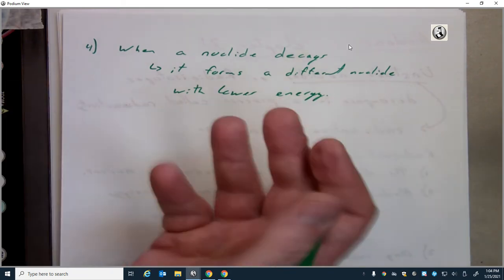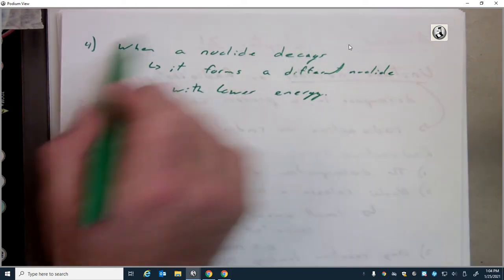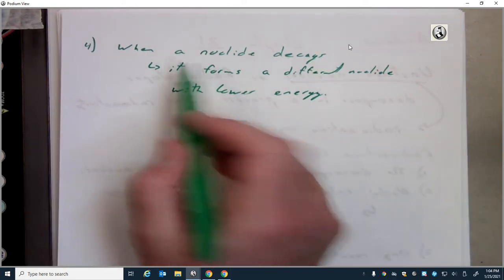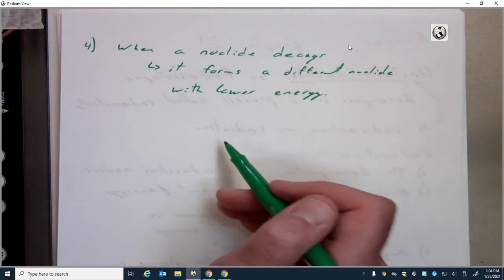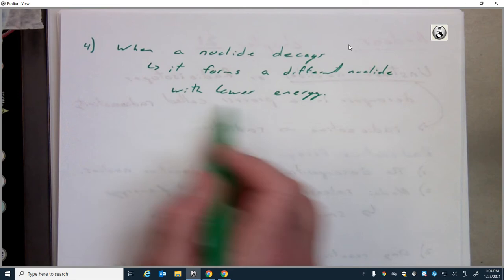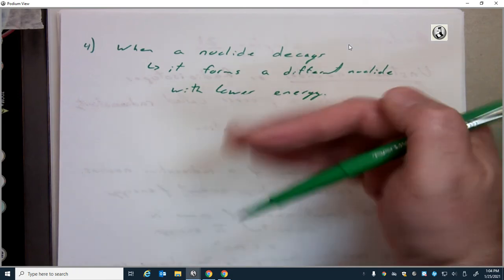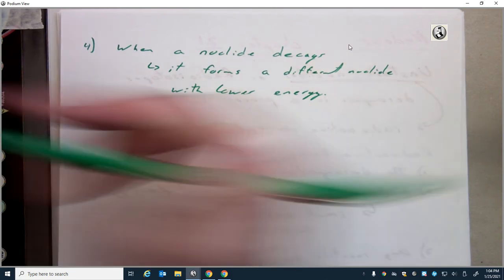Remember, nature likes low amounts of potential energy. So when something goes through radioactive decay, it forms a different nucleus, and that nucleus will have lower energy, because in nature we tend to go from high potential energy to low potential energy.